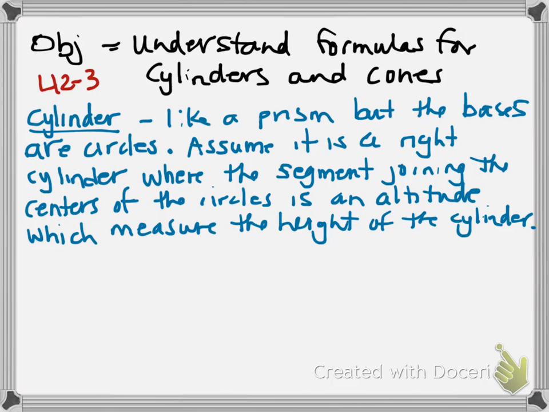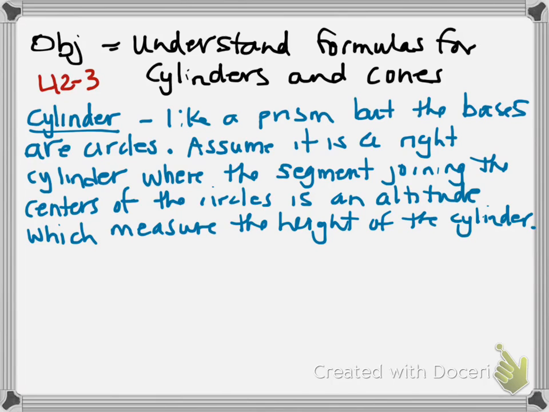And that was true too of our right prisms. We could take that from top base to bottom base at any point, from the center of the bases, from the base edge. They all had to be the same number.